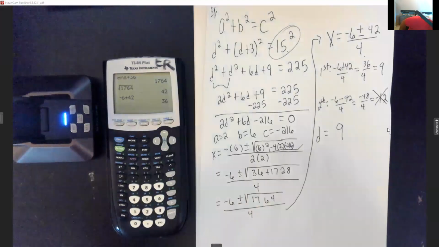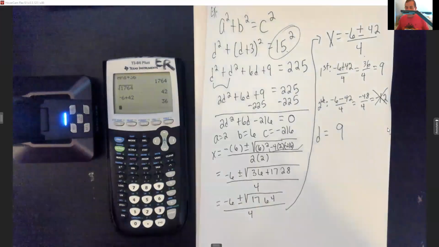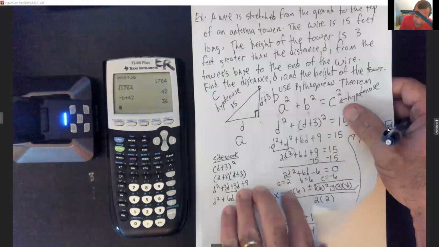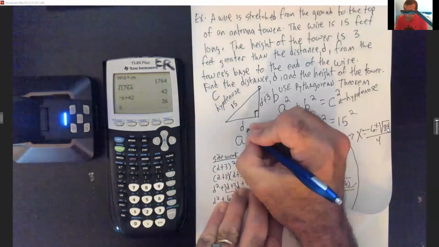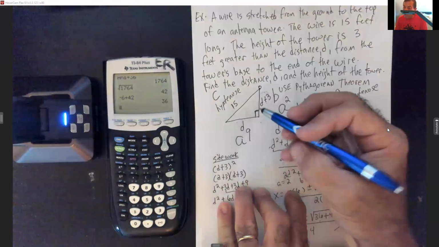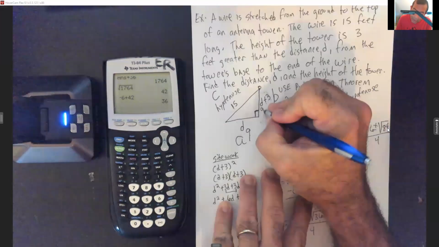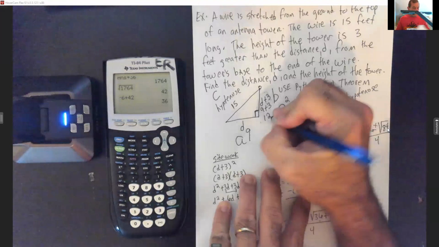Okay, so if we went back to my original drawing here, I know that this distance D is 9. So the tower we said was D plus 3. Well, if D is 9 now, this will now be 9 plus 3, which will give me 12.